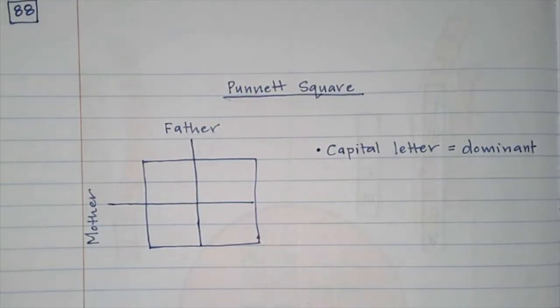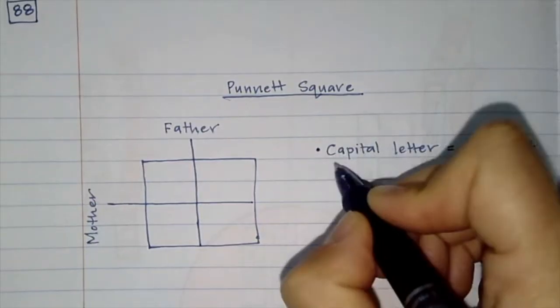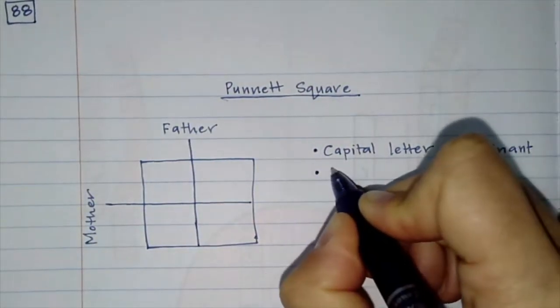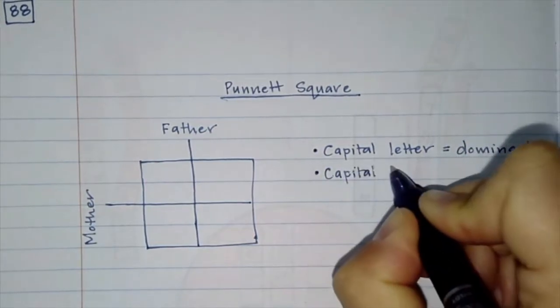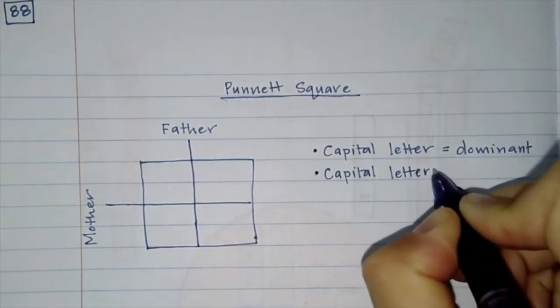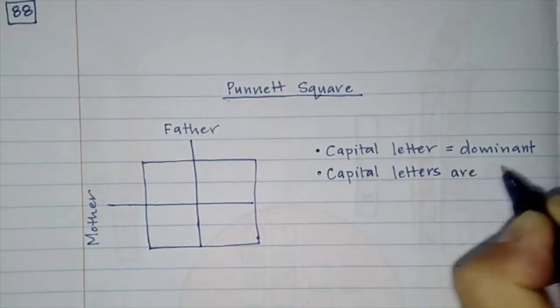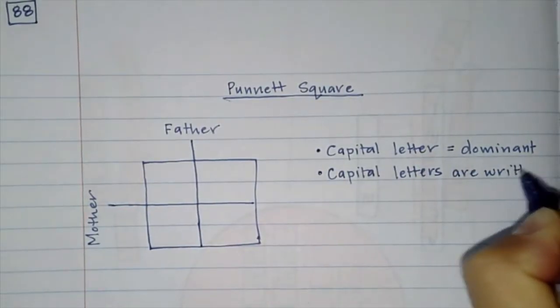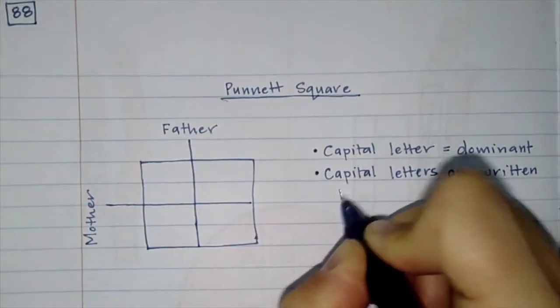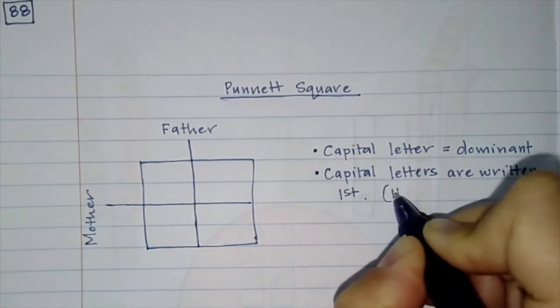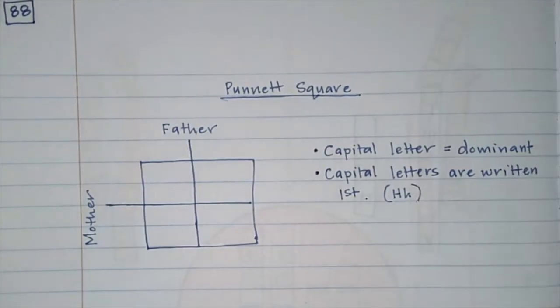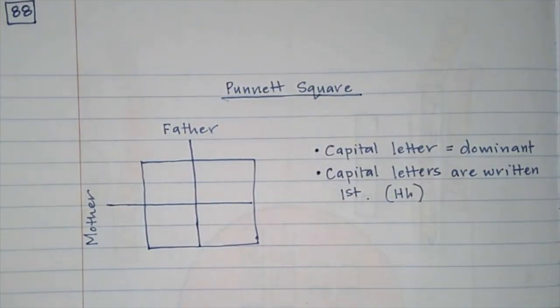The other thing that we know is that capital letters come first when we're writing a genotype. So an example would be like H, where the capital letter is written first.